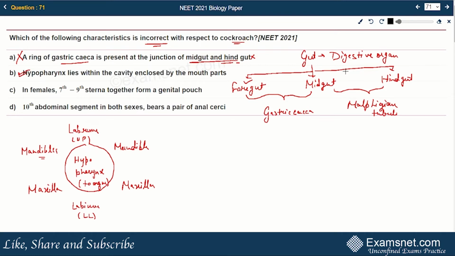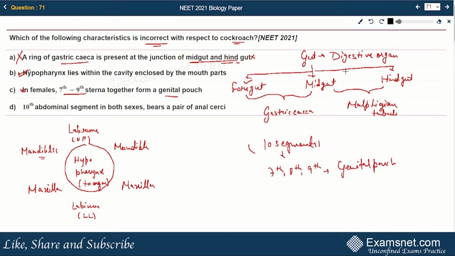Now the third statement is in females, seventh to ninth sterna together form a genital pouch. So this is also a correct statement. The abdomen in both males and females consist of how many total segments? There are total 10 segments. Now out of that, 7th, 8th and 9th, they together form the genital pouch.